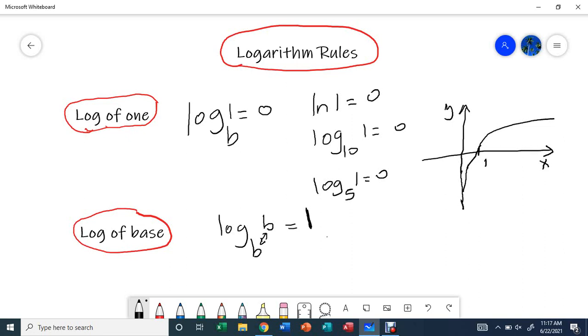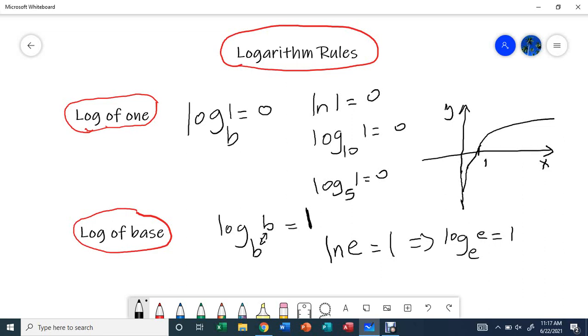For example, natural log of e is 1, because natural log is log base e of e, which is 1.